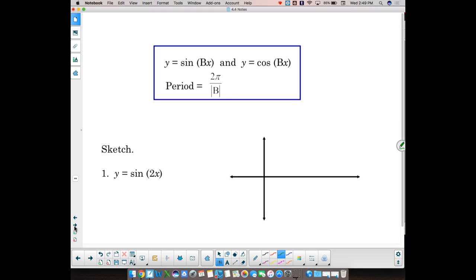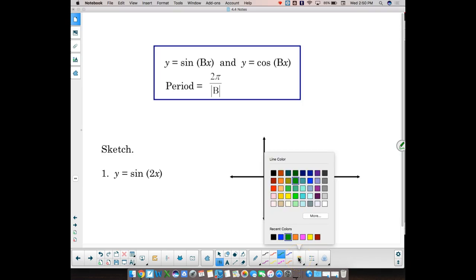So we want to sketch now the sine of 2x. Again, there are two different philosophies on how to do these, same as there was before when we were doing amplitude. You can start with the sketch of the curve because you know it's a sine curve.